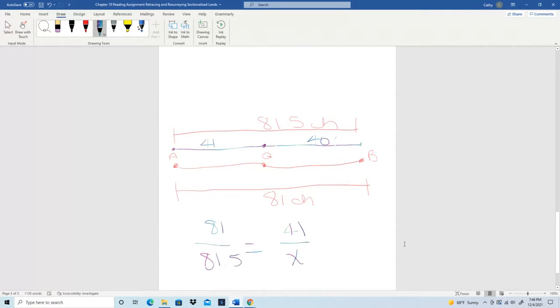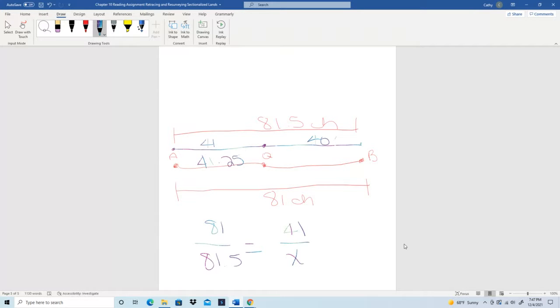So if I do 81 to 81.5, or I could cross multiply 81.5 times 41 and then divide by 81. That gives me 41.25. Oh, that's what they have on them. So we would set this iron at 41.25.